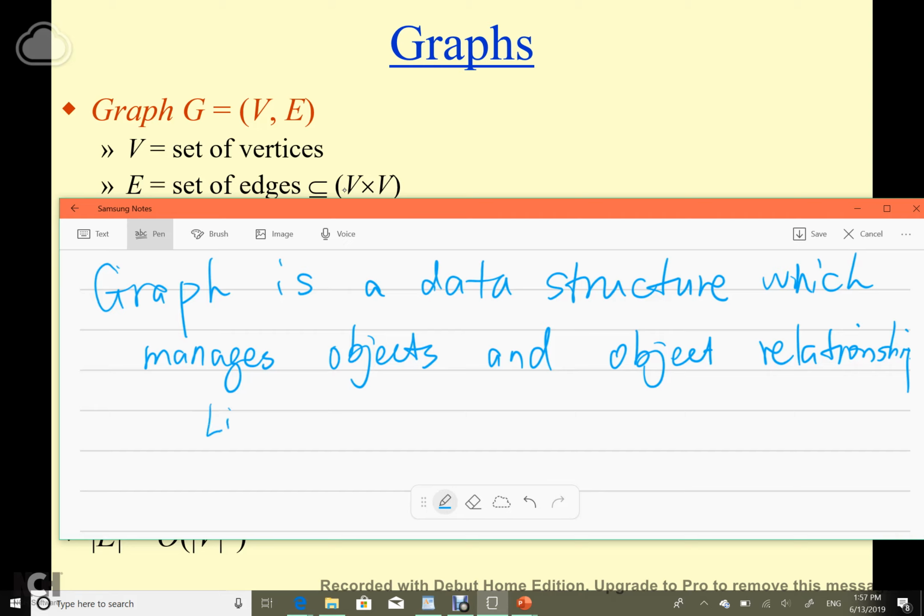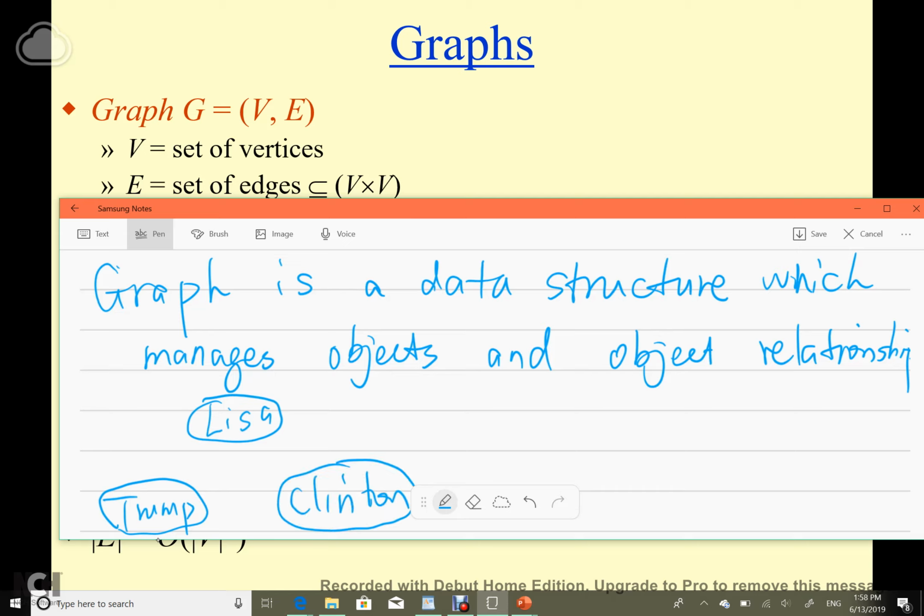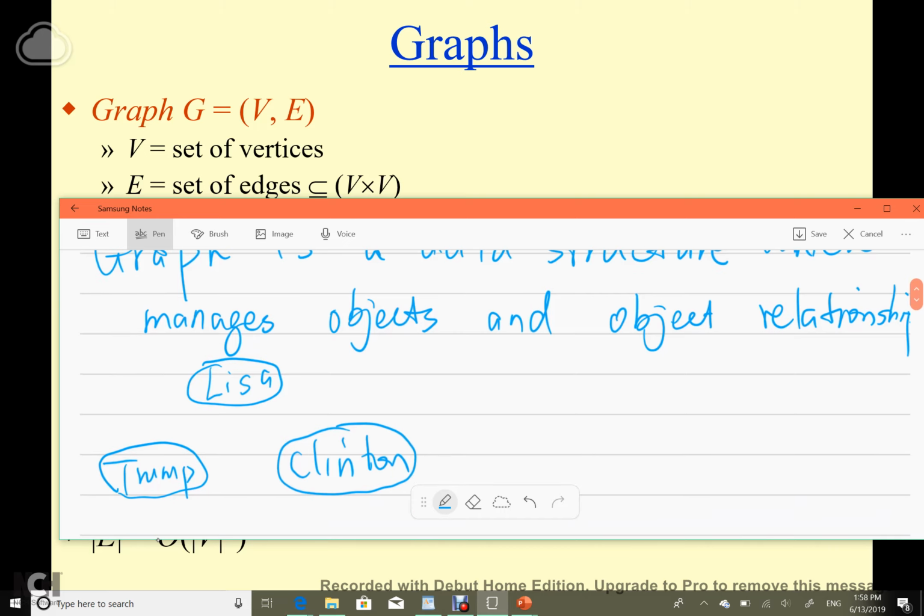So we have Lisa, and we have Trump, we have Clinton, and through the social network, we have another one, Brandon, right? I just randomly wrote down the names which popped into my mind, and this is the objects, the different people. And we want to say the friendship.